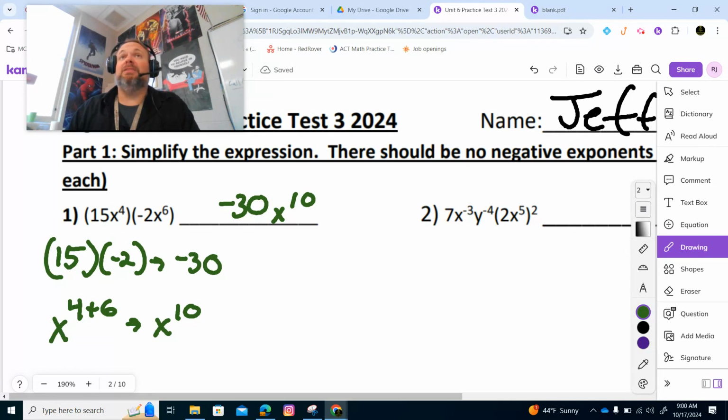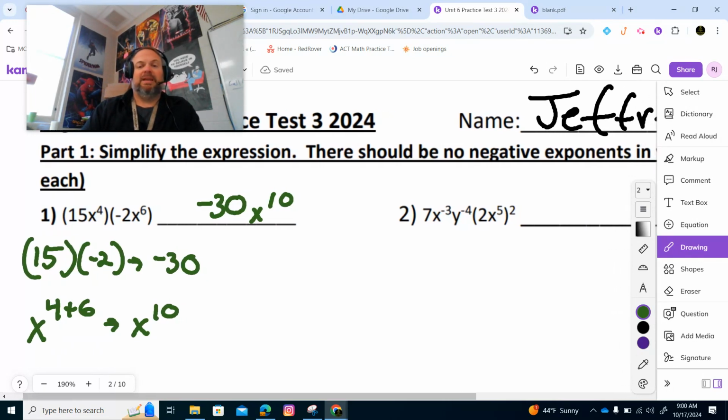And it's just by looking at it and dealing with the problem.